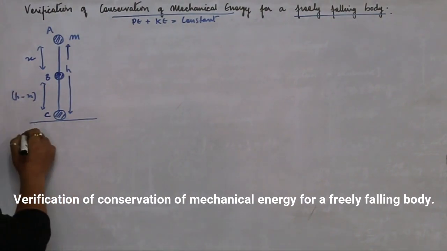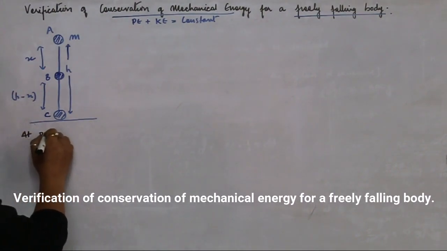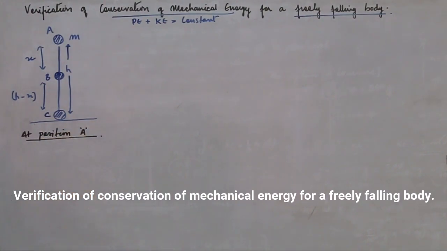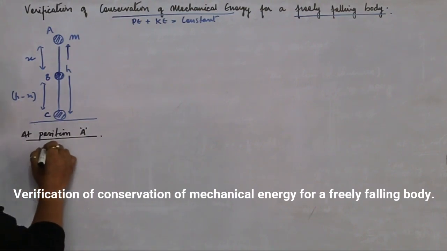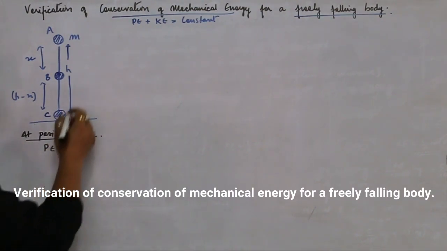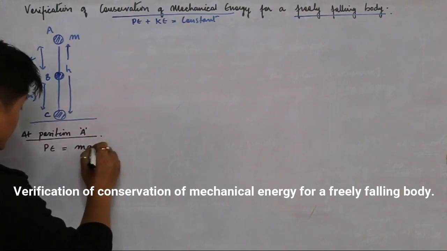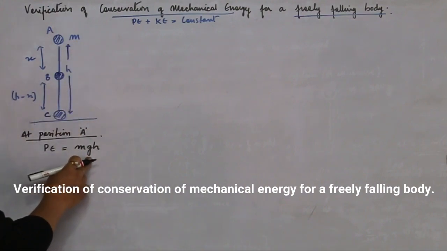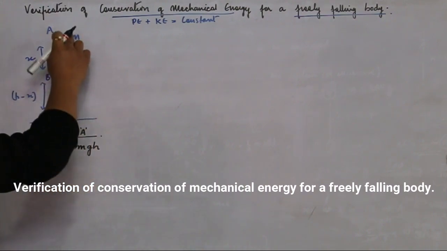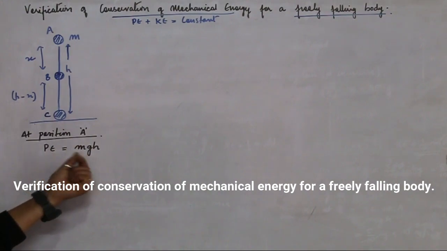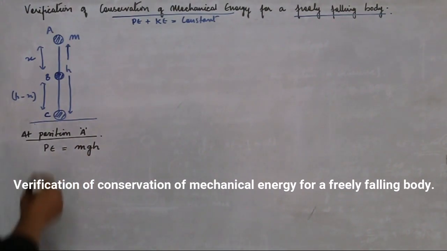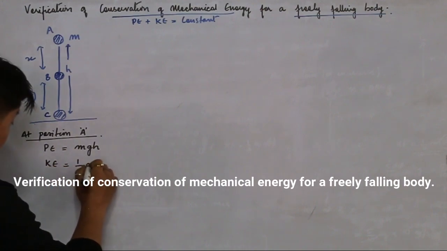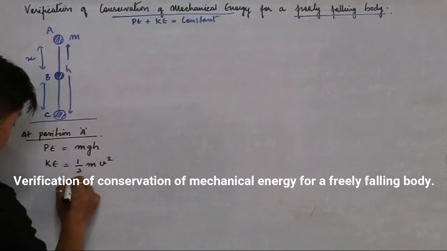So first we'll do position A. At position A, our potential energy will be maximum, that will be mgh. We don't have to convert anything. Mass is m, g is the acceleration due to gravity, and h is the maximum height. Potential energy will be mgh, and kinetic energy will be half mv square.